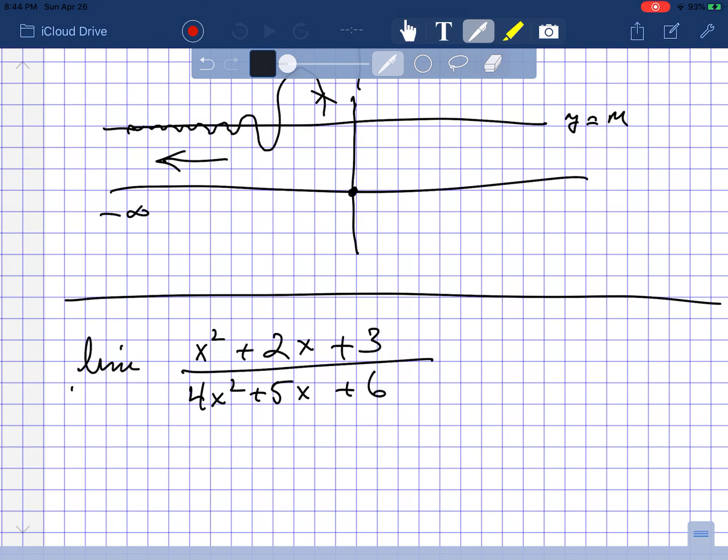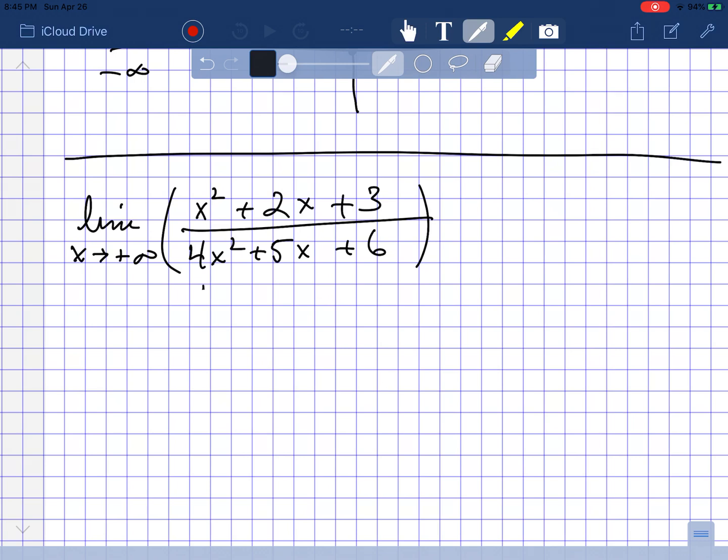And I want to look at the limit as x goes to plus infinity. I want to find out, does this limit exist? In other words, do the values of this rational function get closer and closer to some number L as x gets bigger and bigger? Well, let's see what happens.